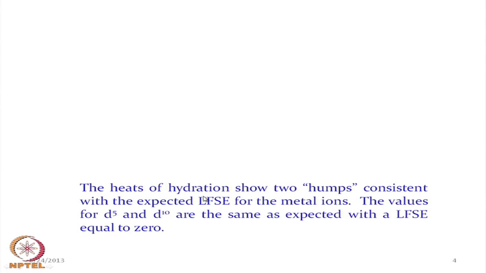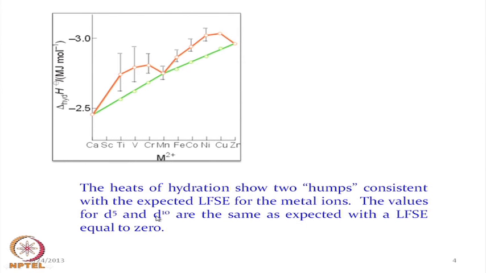When we see these heats of hydration, they again show double humps, again consistent with the expected CFSE of the metal ions. The values for d5 and d10 are the same as expected, with the CFSE equal to 0. That means, like our lattice energy, they again fall on a straight line, and the linearity is preserved with respect to d0, d5 and d10.